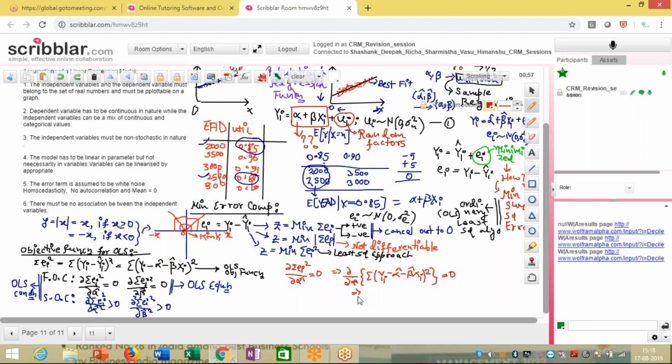Right, so basically now if I have to do this, it becomes summation, this is the first order derivative, right?